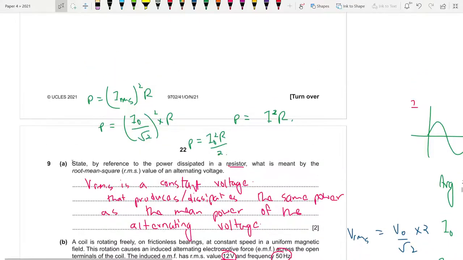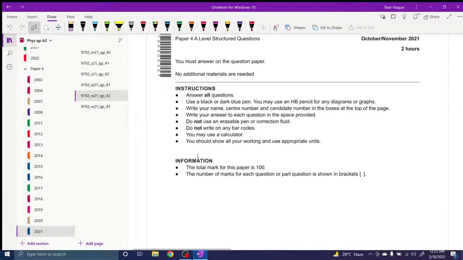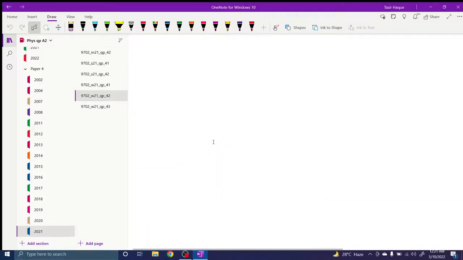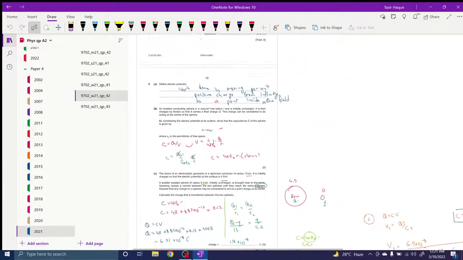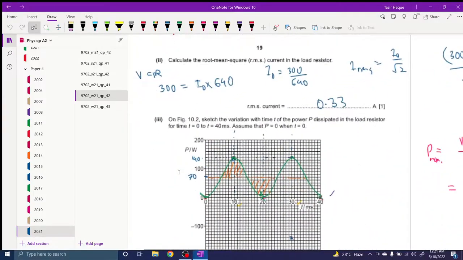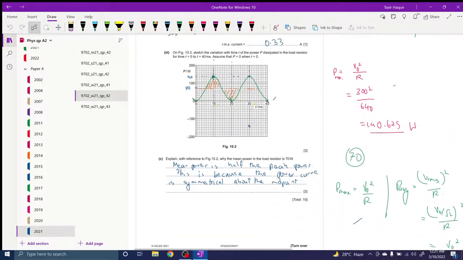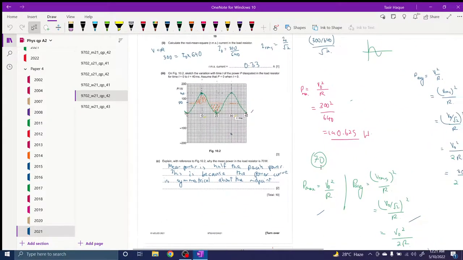I don't know if you recall from October/November 21 variant 4.2, we had a question on power. I taught you that the mean power is half of the maximum power, since it's symmetrical about that average value. So how do you find average power?